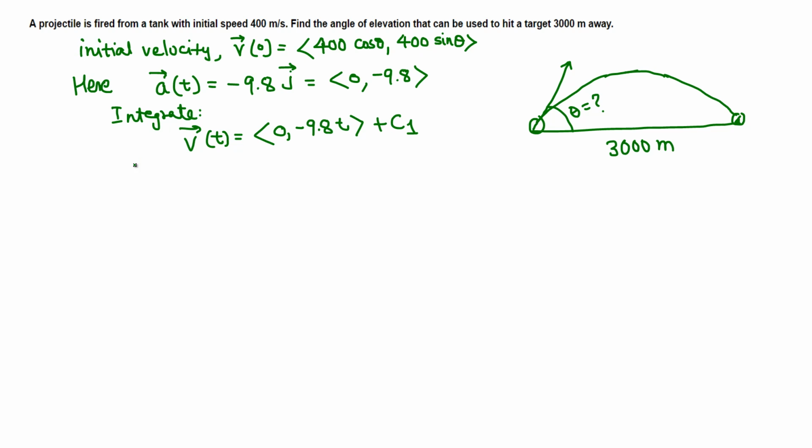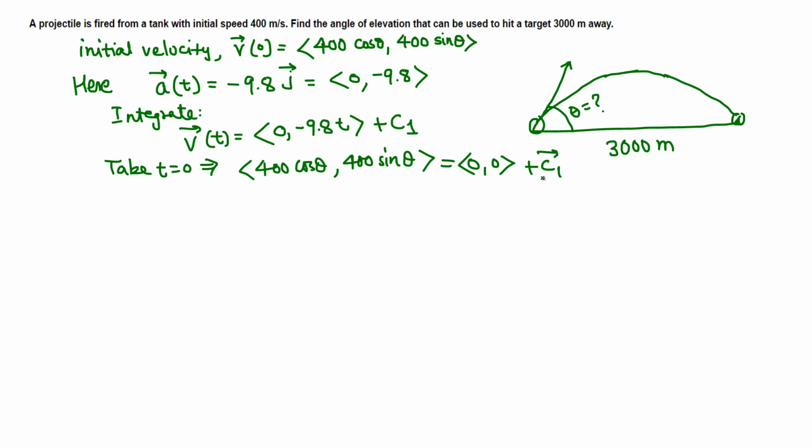So taking t equals 0, that gives v at 0, the initial velocity, which is 400 cosine theta, 400 sine theta, equals, putting t equals 0, 0, 0, plus c1. Subtract 0, 0 from both sides so we can isolate c1. So c1 is in fact 400 cosine theta, 400 sine theta.